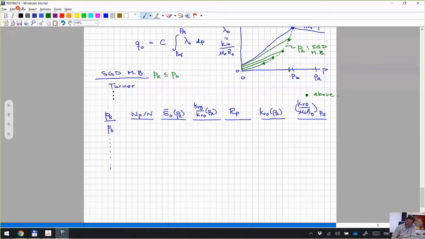So this is all the results of any solution gas drive material balance for reservoir pressure less than or equal to the bubble point. Okay?